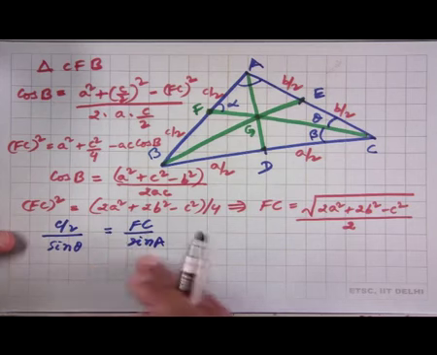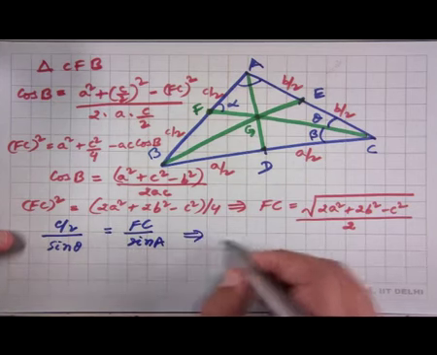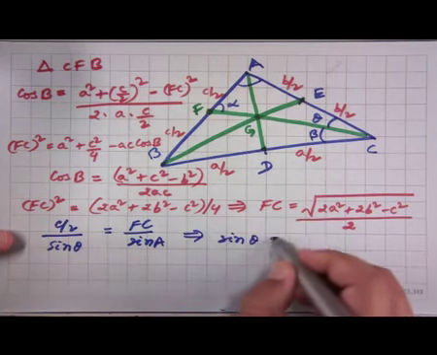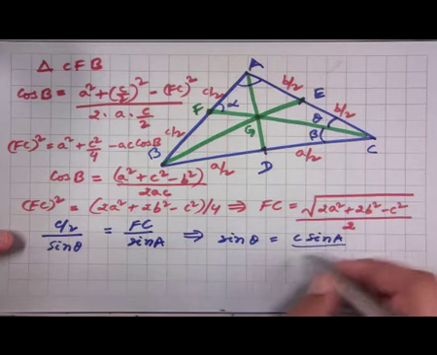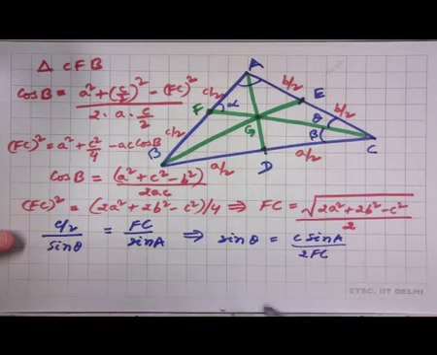And from here one can easily see that sine theta is equal to C sine A over 2 FC, and then here we can use the expression of FC that we just derived.